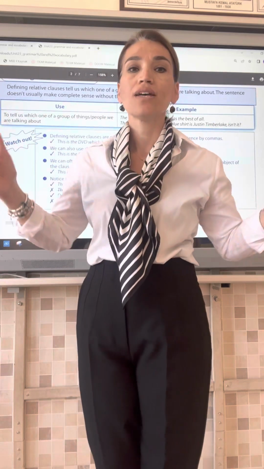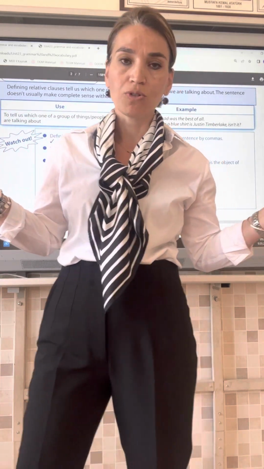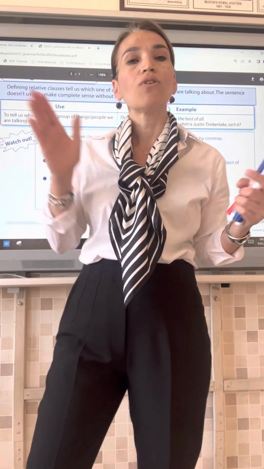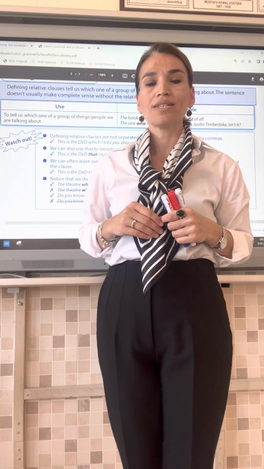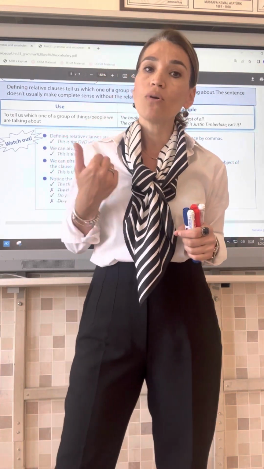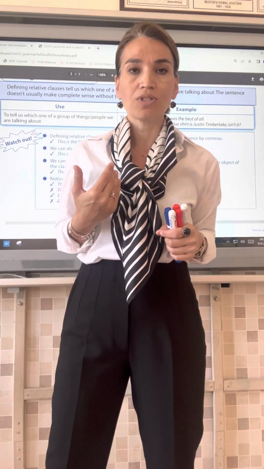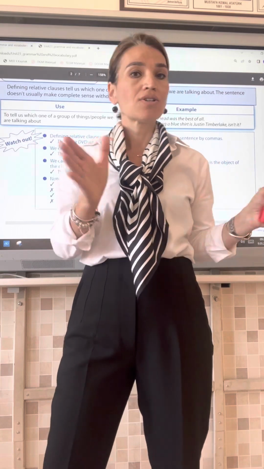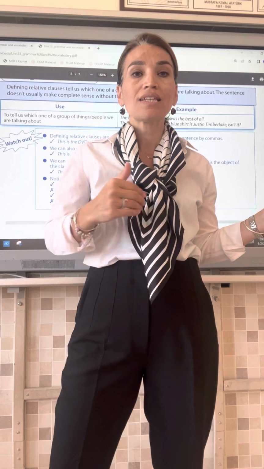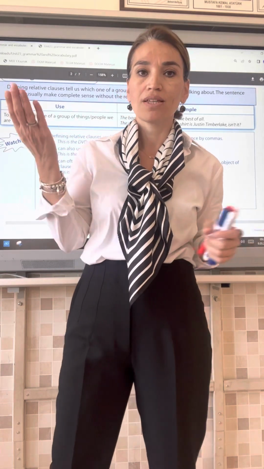You cannot eject that part from your sentence. And we call them defining relative clauses. And for the non-defining relative clauses, the information that we provide can be omitted, can be ejected from your sentence, as the rest of your sentence, the left part, can still mean something to the person.